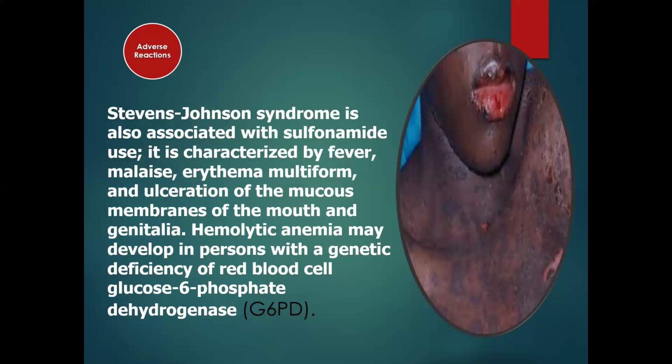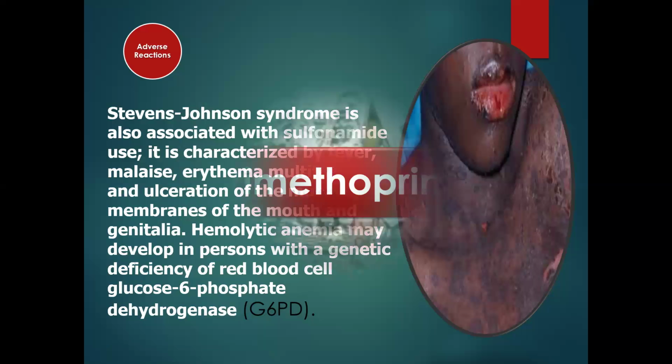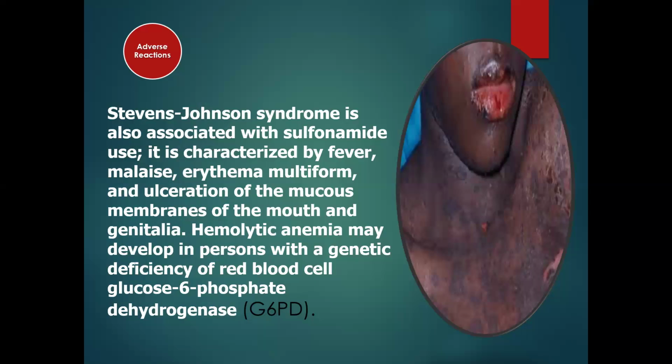So these are some of the side effects. It can also lead to hematologic effects, that is, effects on the blood. So that's hemolytic anemia, like we said, with G6PD. It can also lead to agranulocytosis, also known as aplastic anemia.